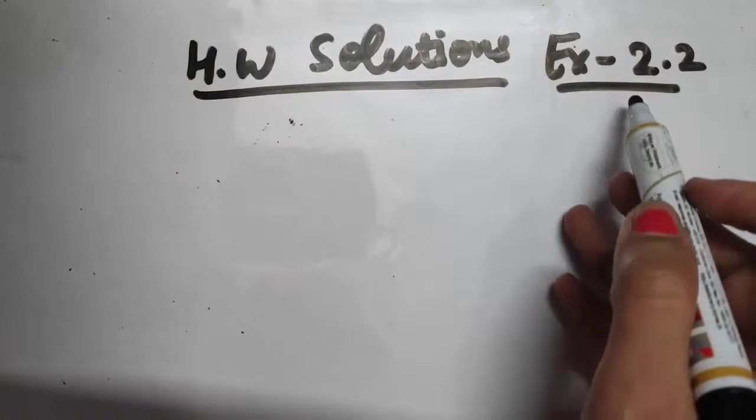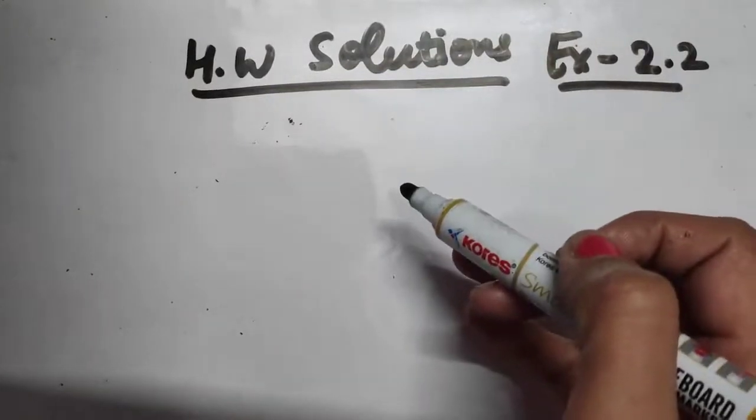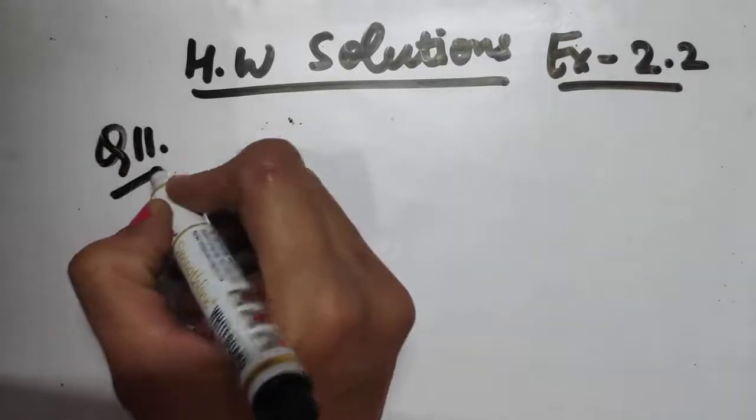Now I am going to discuss the homework solutions of exercise 2.2 from question number 11 till question number 16 that I gave you as homework. So I am going to discuss question number 11.